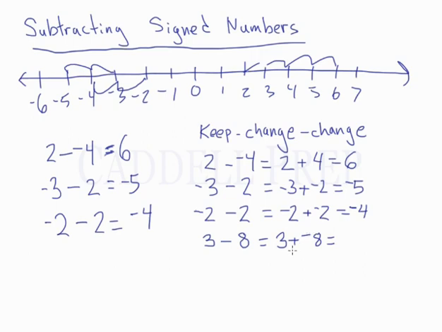So again, we're going to use our rules for addition. In this case, we're adding two numbers and the signs are different, so we find the difference. The difference between 3 and 8 is 5. And we keep the sign of the larger value. 8's greater than 3, and it's negative, so our answer is going to be negative.